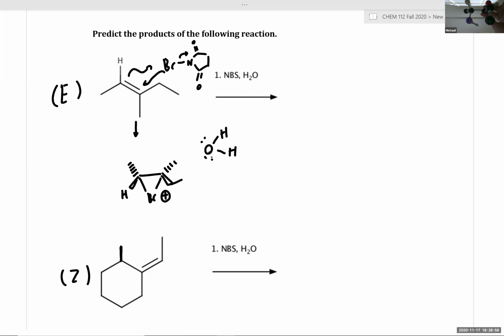Okay, now let's draw that step. So we attack at the most substituted carbon from the opposite face to our bromonium intermediate. Okay, so now we have our alcohol pointing up.